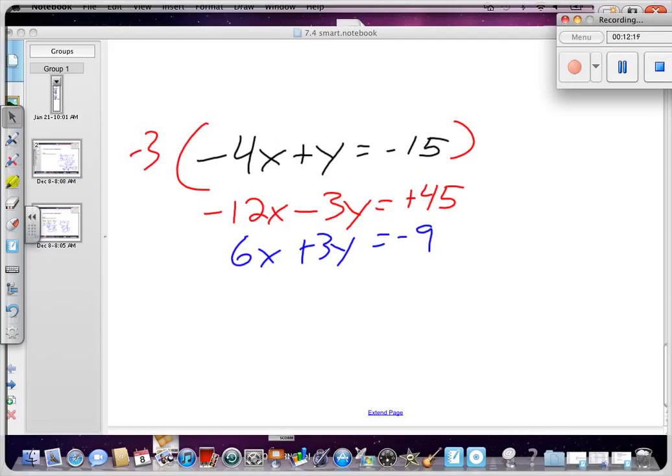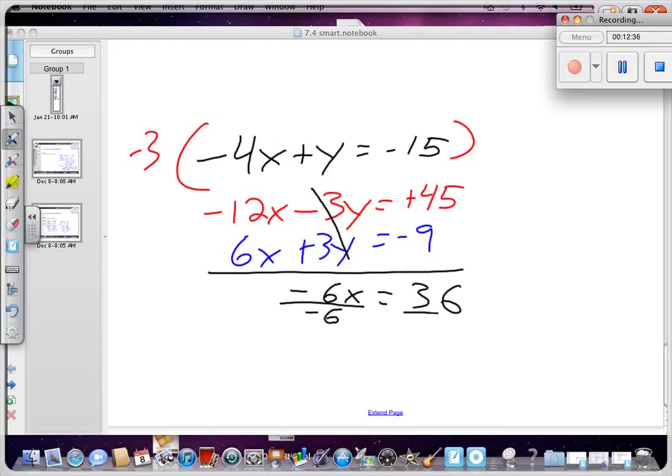Now, ladies and gentlemen, I can simply add straight down. 45 minus 9 equals a positive 36. The y's cancel. -12 plus 6 gives me -6x. And then I do what? Divide by -6, and x equals -6.